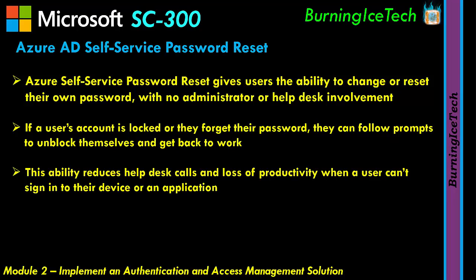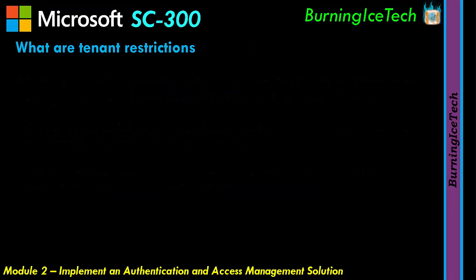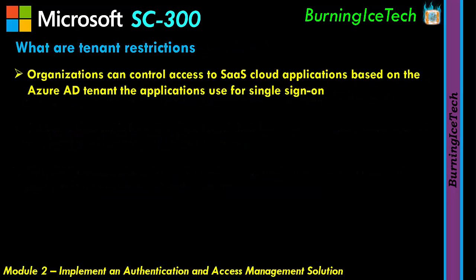All right, and then the last topic I want to mention in this section, it's a bit shorter, is what are tenant restrictions? Organizations can control access to software as a service cloud applications based on the Azure Active Directory tenant the applications use for single sign-on.